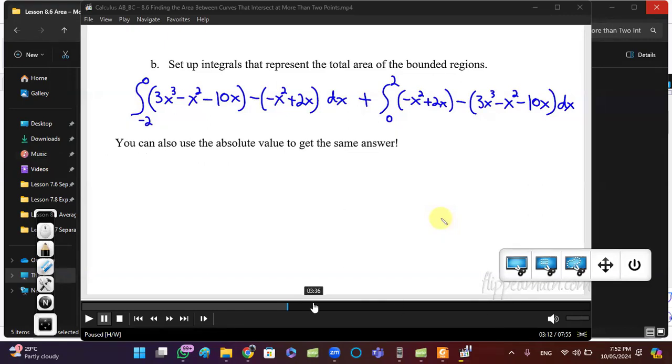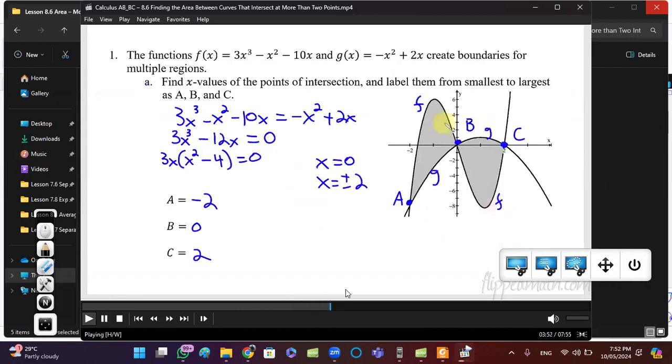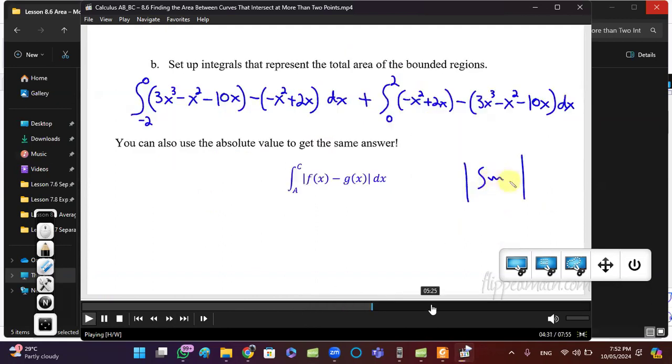But when you take the difference of them, you don't want to put the absolute value on the outside. That does not give you that. What we're going to do here, we can put absolute value, but this absolute value will be inside the interval. How? Let's see this together.